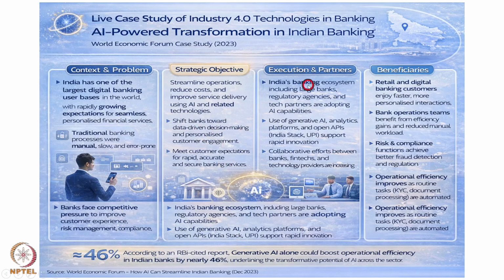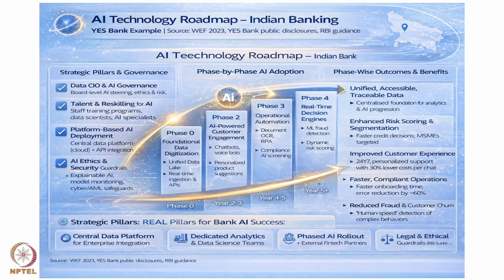And now gradually, they start using AI also in fraud reduction and customer services, and many other areas of banking. So here, I have based it on some examples of Yes Bank. Yes Bank once upon a time was a pioneer of using technologies in banking.